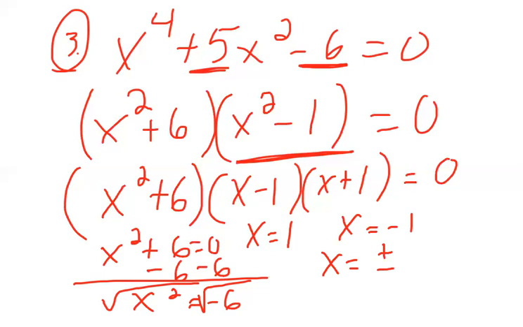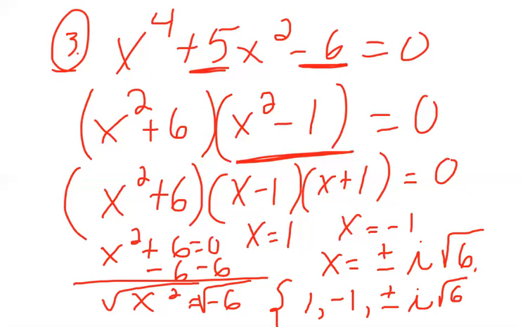Those negatives you encounter under the root, guys, become imaginary units. So the negative on the square root becomes an i, and then the 6 remains under the root. So essentially, this problem is producing a total of 4 solutions. You got 2 real solutions, 1 and -1, and then 2 imaginary solutions in the form of plus or minus i radical 6. And that's it, guys, for this problem.